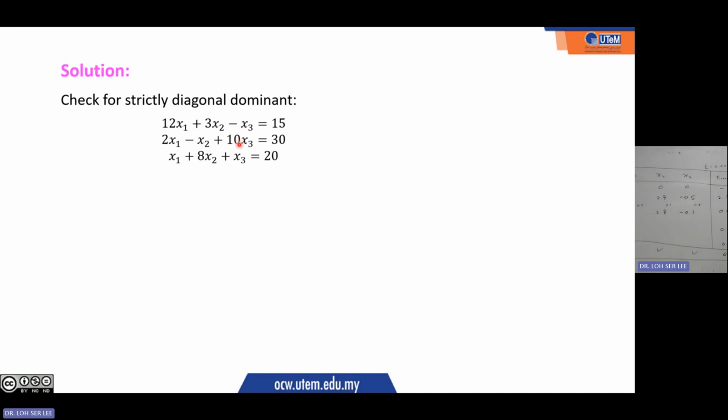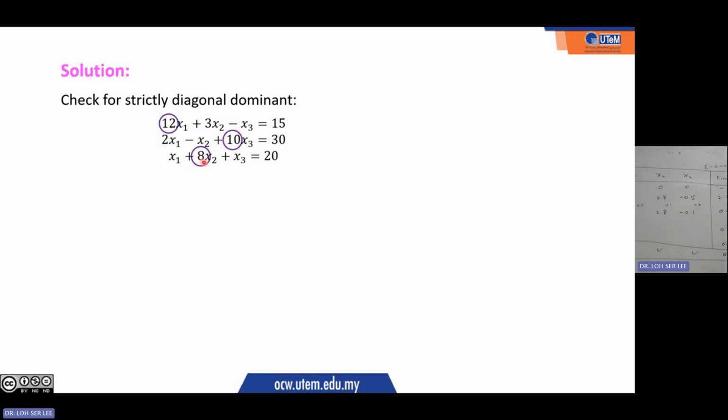This one is greater than 3. This one, 8 is greater than 2. So we try to swap the second and third row, because these 3 are dominant in their rows. 12 is dominant, 10 is dominant, 8 is dominant.